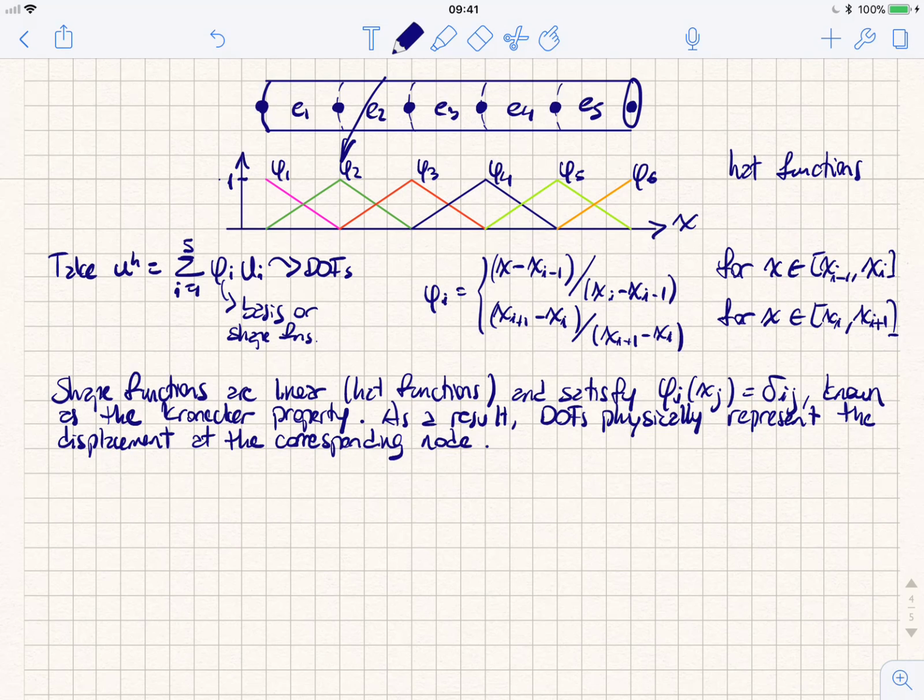Also, we said that these functions form a "partition of unity."